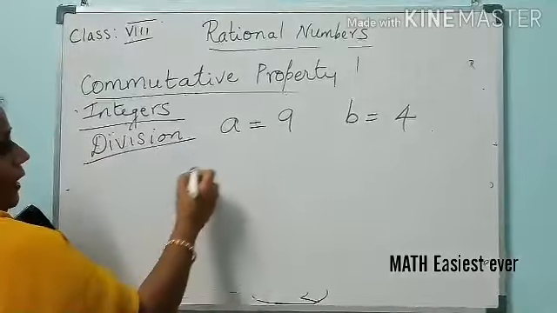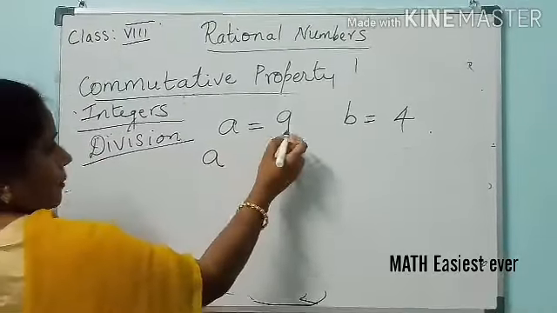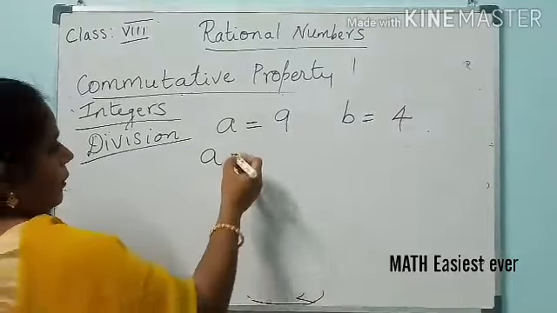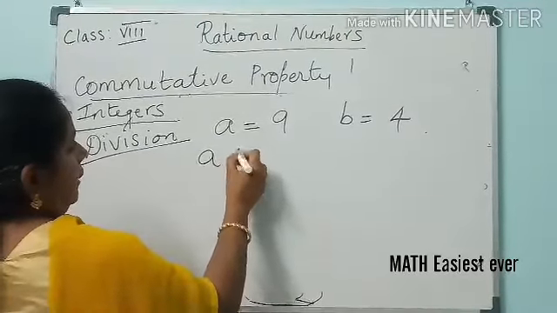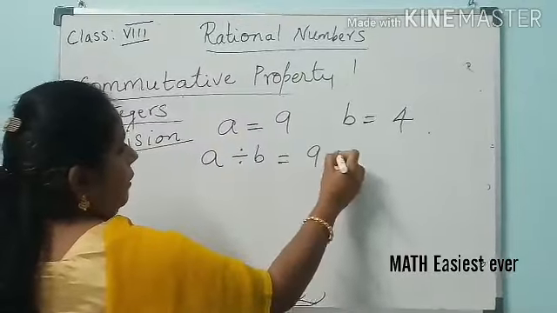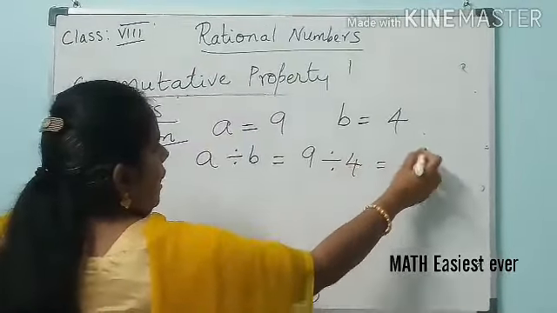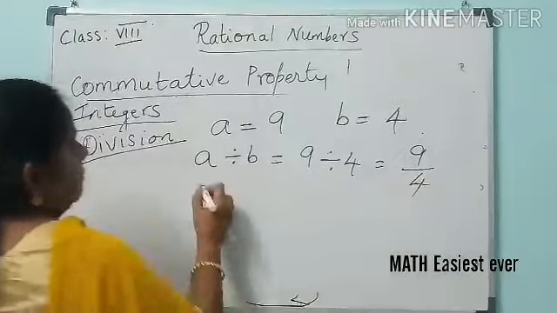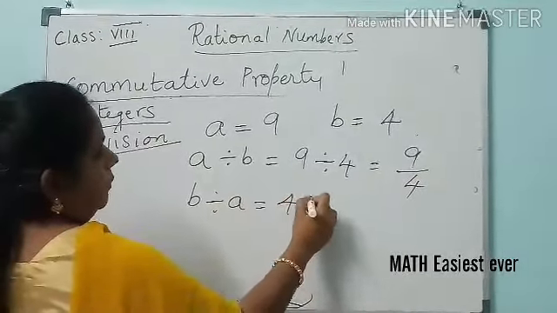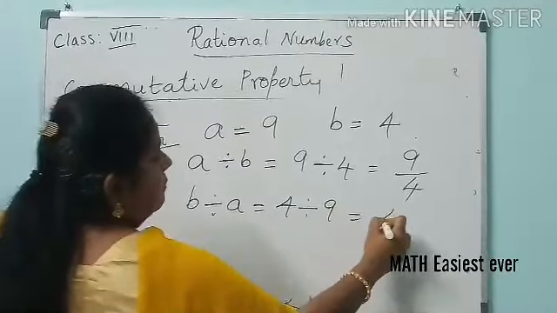You can take both positive or both negative, or either one negative, anyway. A divided by B: what is A divided by B? It's 9 by 4. What is B divided by A? B divided by A is 4 by 9.